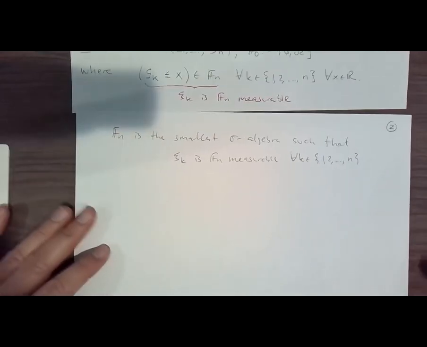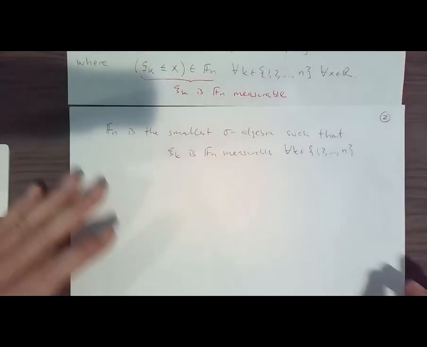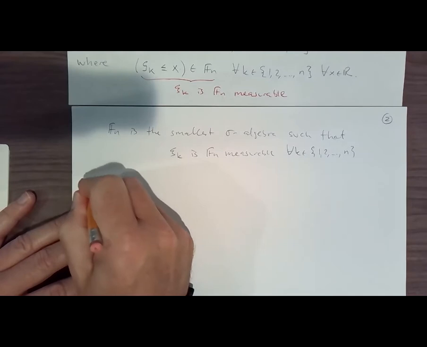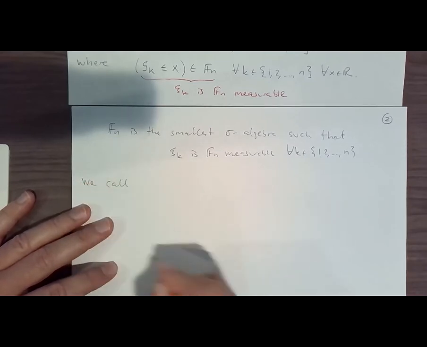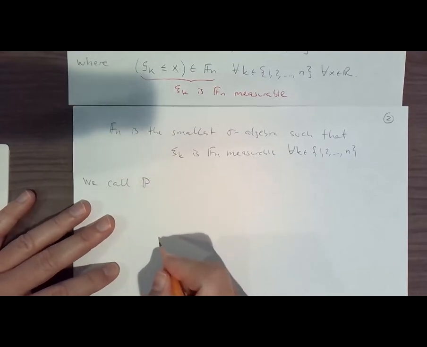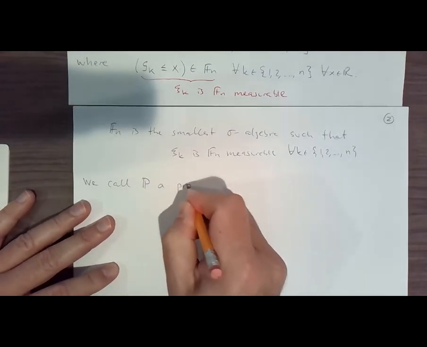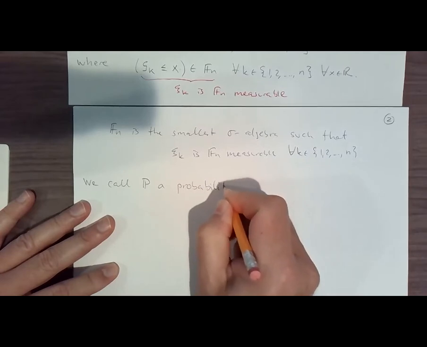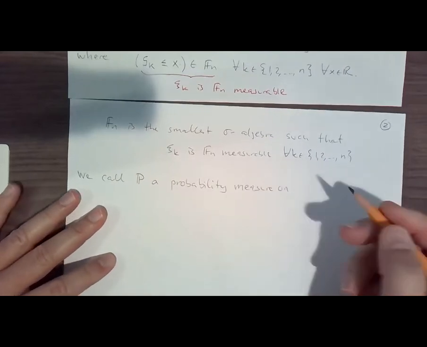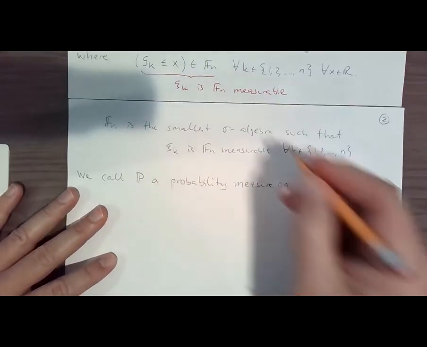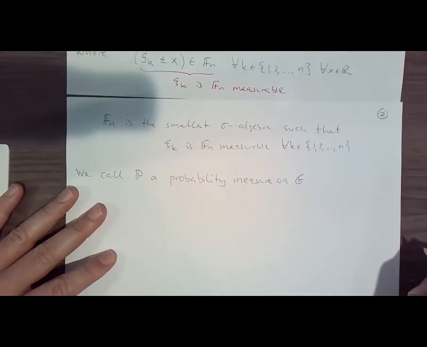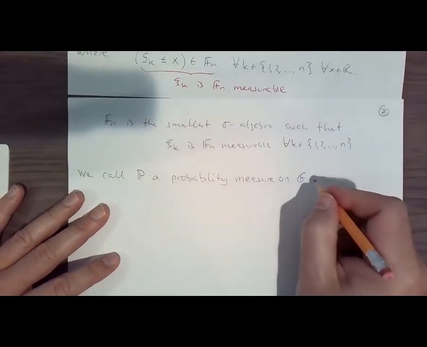Okay, so I'm going to move one step further. Now comes the next material. This is going to be new. So we call P a probability measure on, say, let me use a different letter, maybe call it G. This is a sigma algebra.